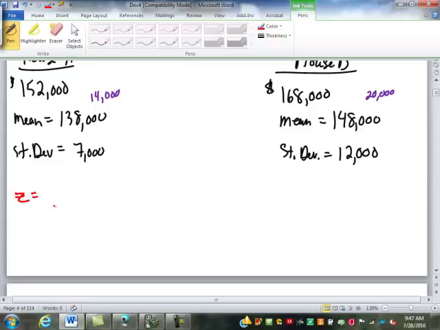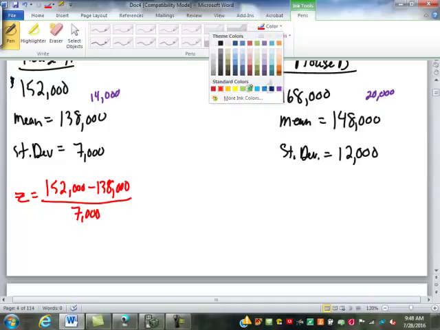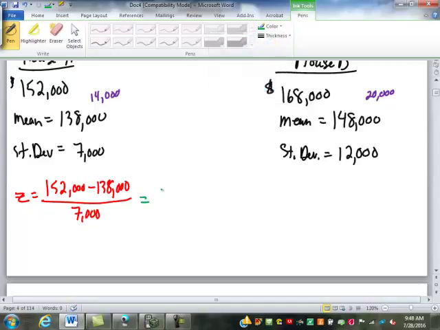The z-score for this first one is going to be found by doing what? $152,000 minus $138,000. Divided by what? $7,000. Good. So we subtract 152 minus 138 is $14,000.